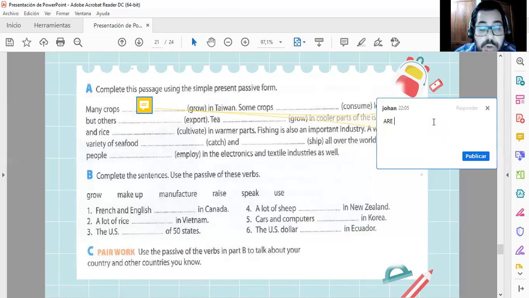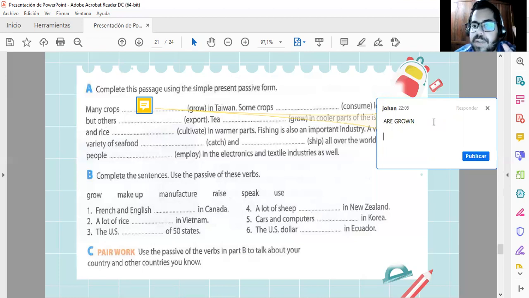We have grown. Okay, teacher, many crops are grown in Taiwan. Yes. Okay. Some crops, and we have in here, take a look, consume, think about it. What about consume?